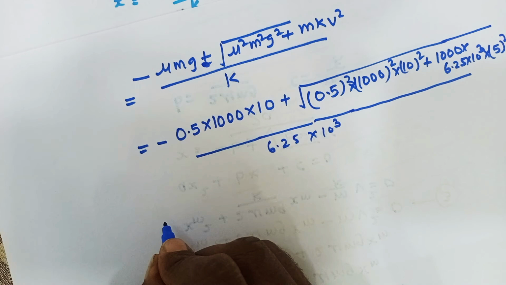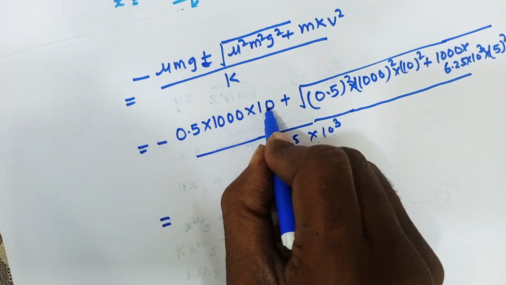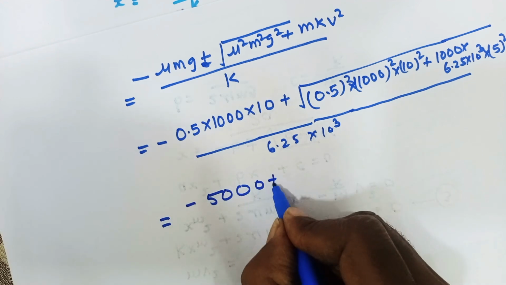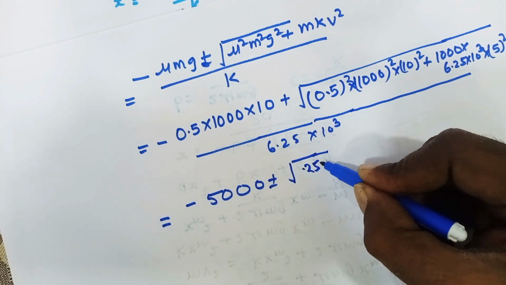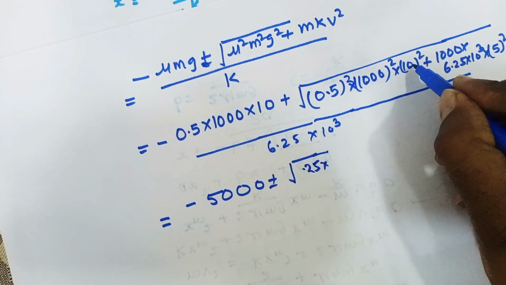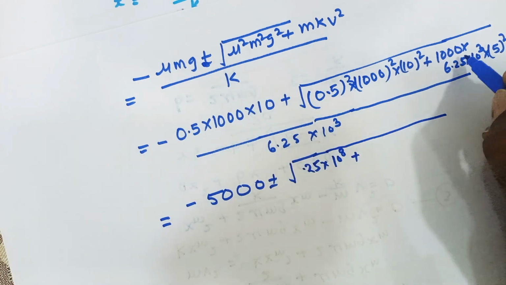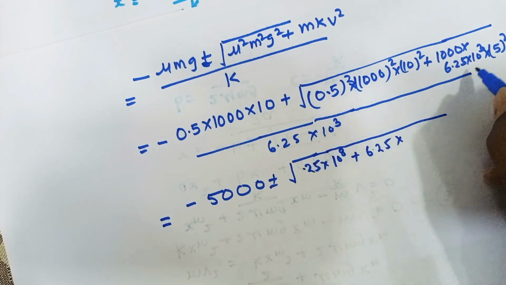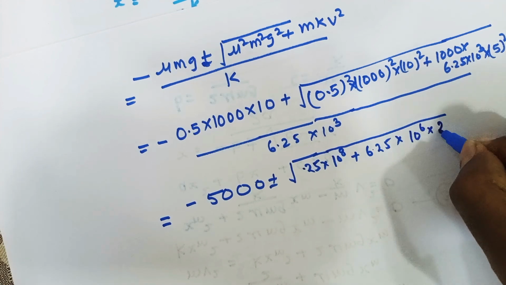So solve this. This solution is not that easy. This will become 5000, minus plus minus root of, this will become 0.25 into 10 to the power 8, then plus 6.25 times 10 to the power 6 into 25.